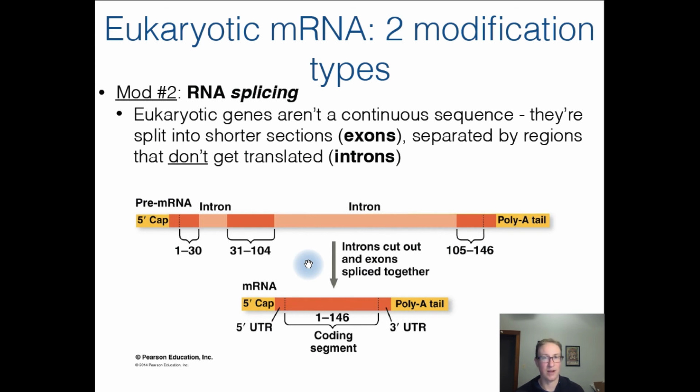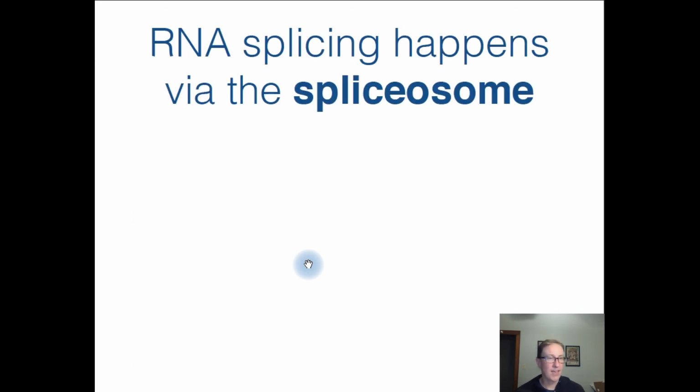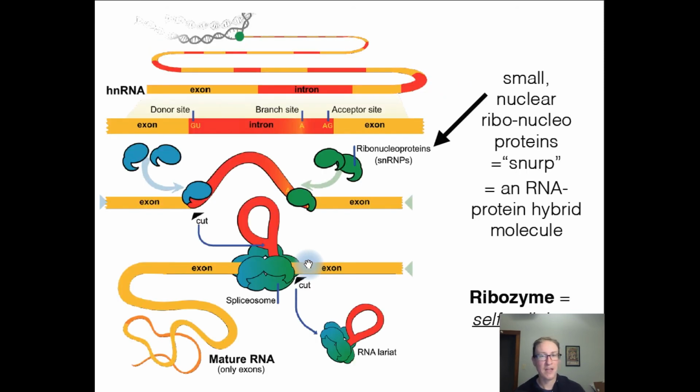that only contains the exons that are going to get expressed. This process of splicing is accomplished by a group of proteins and RNA molecules that are collectively called the spliceosome. These are made up of little units called small nuclear ribonucleoproteins, or SNRPs for short. They're a hybrid molecule composed of a combination of RNA and protein.